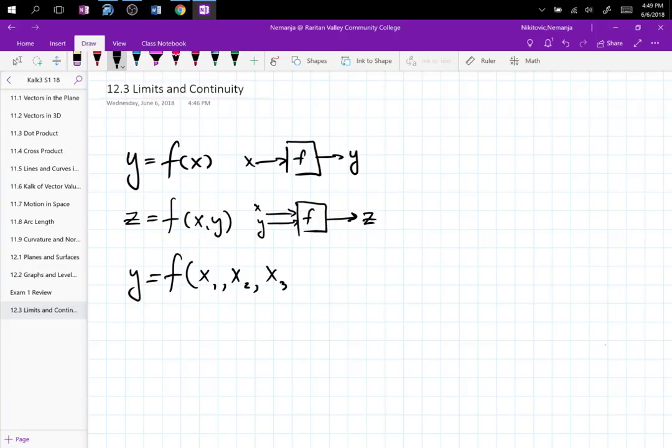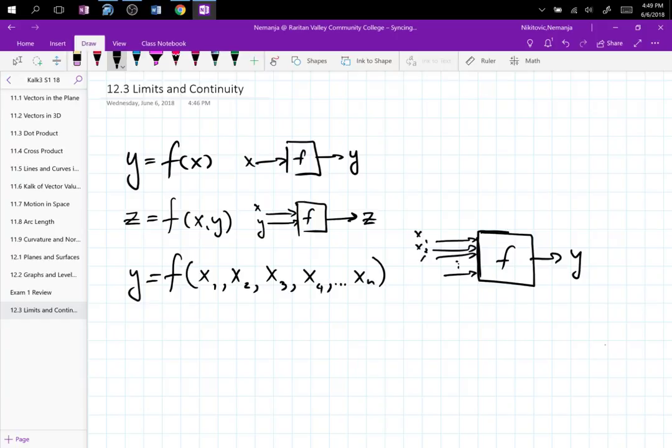And I'm going to put many values here, and then just draw the diagram where multiple inputs are coming in, and each one of these is some kind of a function. So we can have as many variables as we want, and then we are having a one-dimensional output, which is called the range. Now we are focusing on the second line, but we are going to see some cases when we have four variables working in the fourth-dimensional space.